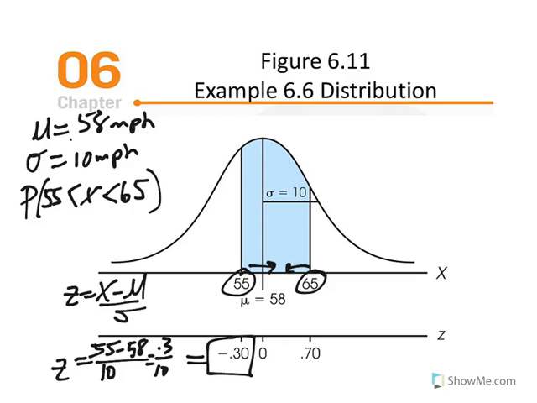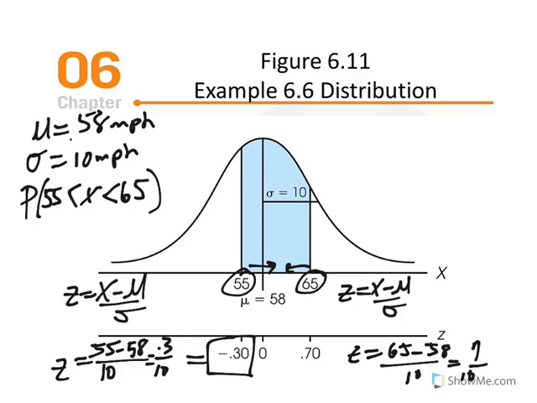-0.3. Similarly, on this side, same process, x minus mu divided by standard deviation. We have z is equal to the score of 65 minus 58 divided by 10, our standard deviation. So 65 minus 58 gives us 7 over 10, and we get positive 0.7, which we see here.